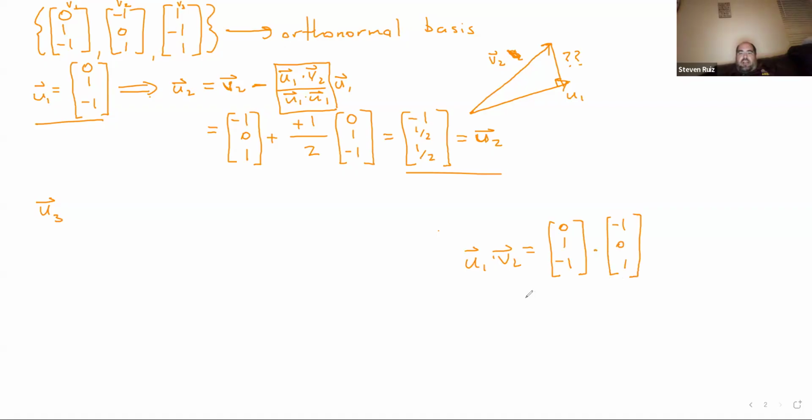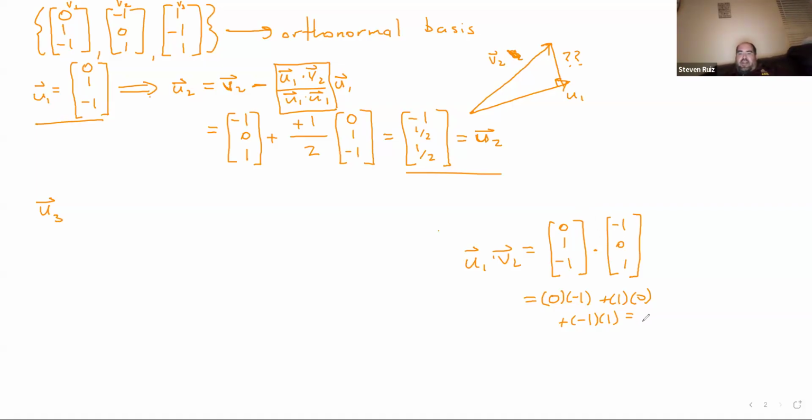So the way you do a dot product is to take the corresponding pairs of components, multiply them. That'll give you 3 different products. And then you take the sum of all those products. So 0 times -1 plus 1 times 0 plus -1 times 1. If you write the vectors down in their column format like this, you're looking straight across.